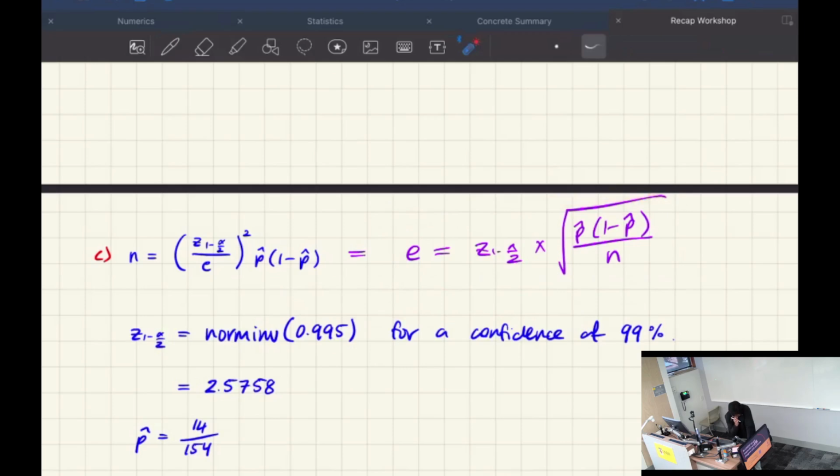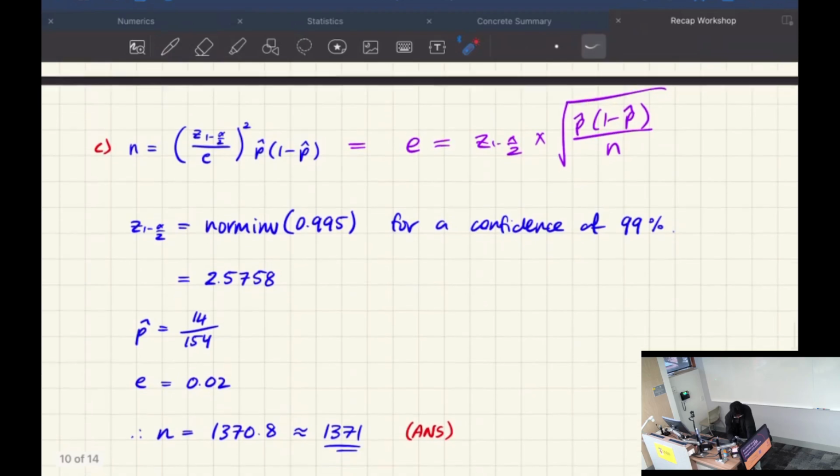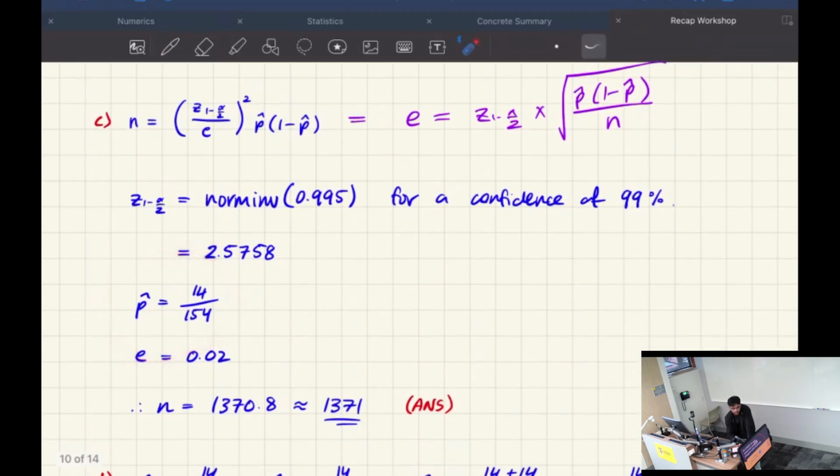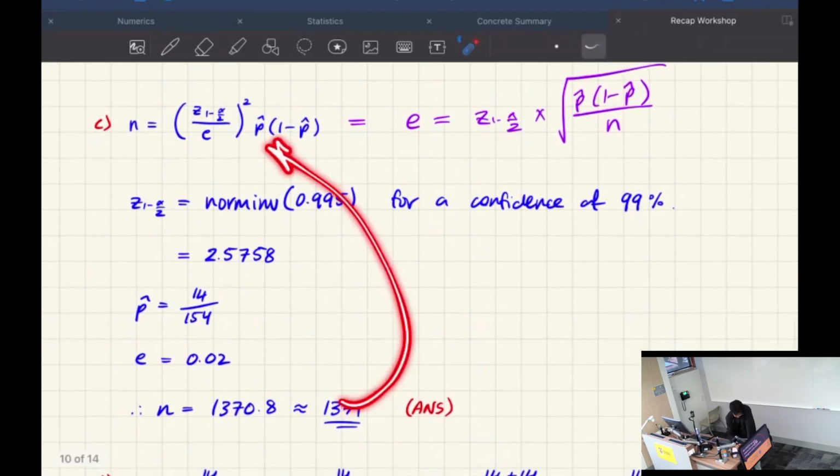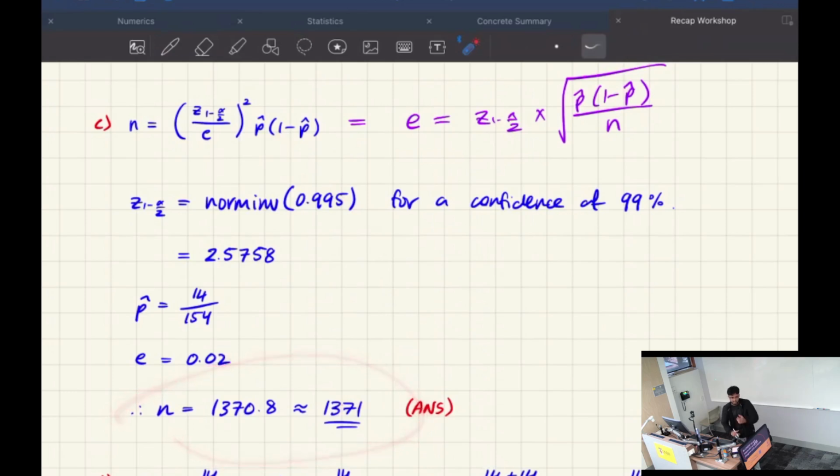Because we have a confidence of 99%, the 1 minus alpha on 2 value will be 0.995. Why is it norm-inv and not t-inv? Essentially, it follows the normal distribution, and it's a binomial, that's why. The p-hat value we found earlier is given to us. Substitute it all into the equation up here, and you get an integer value of 1371.